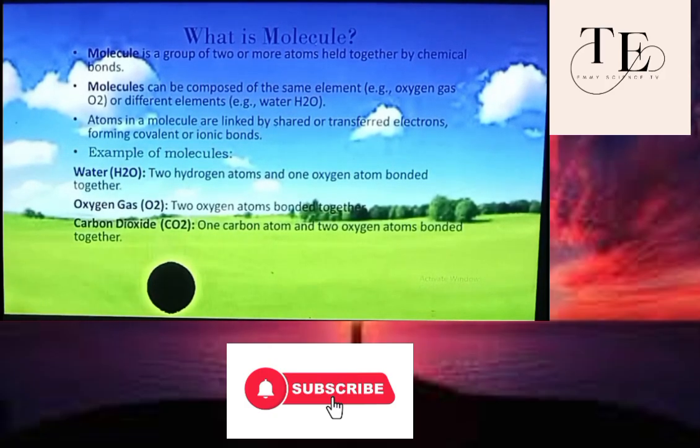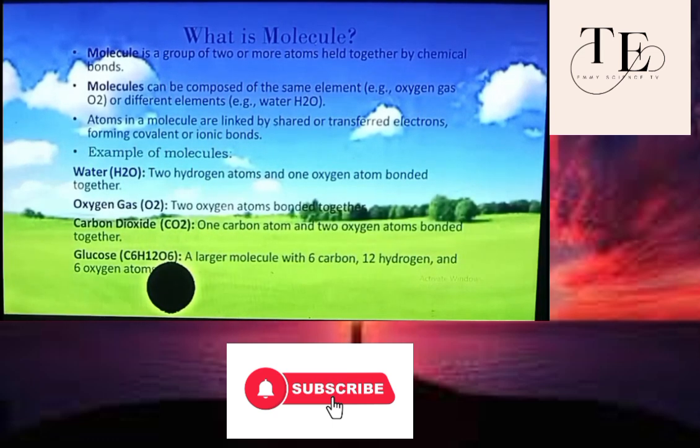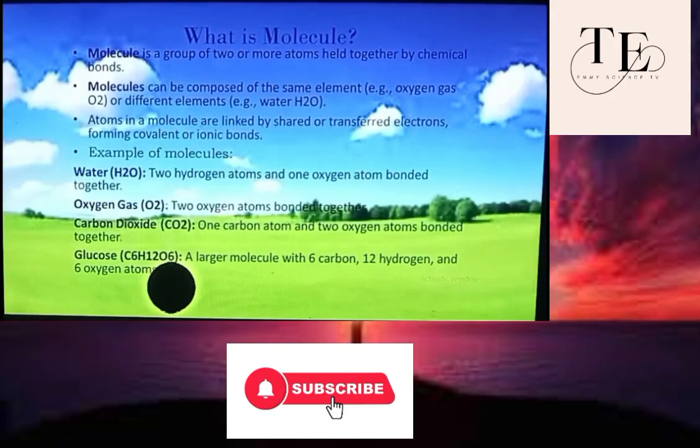For glucose also there is a combination of different elements, where you have 6 carbon, 12 hydrogen and 6 oxygen atoms. Because for glucose to be formed there are many atoms used: 6 carbon, 12 hydrogen and also 6 oxygen. So this molecule is large because we have many atoms.